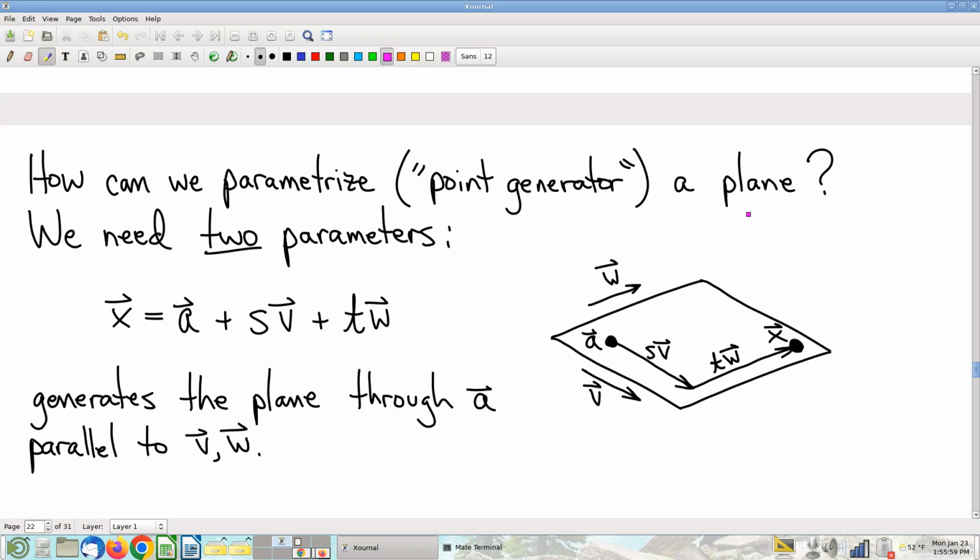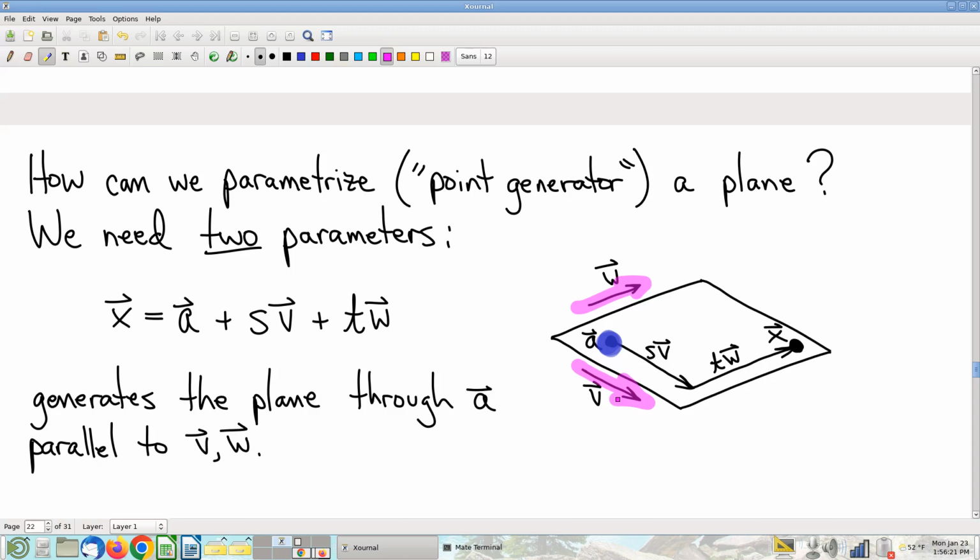If I've got a plane, by which I mean it's defined by a point in the plane and a couple of vectors parallel to the plane. Note this is kind of analogous to how we parameterize a line. Right? Two direction vectors instead of one.